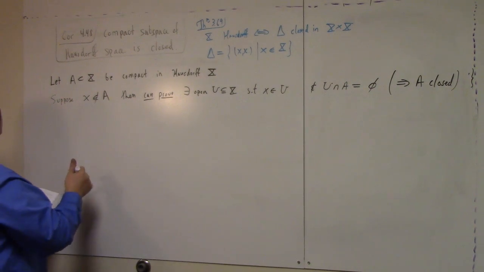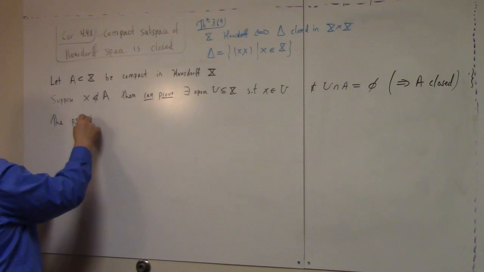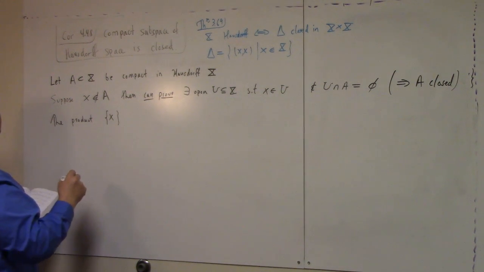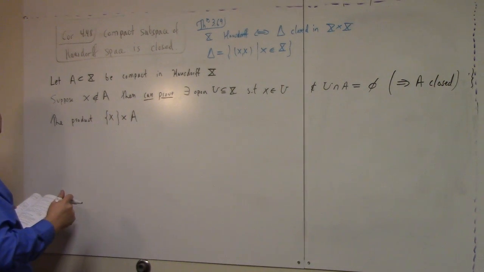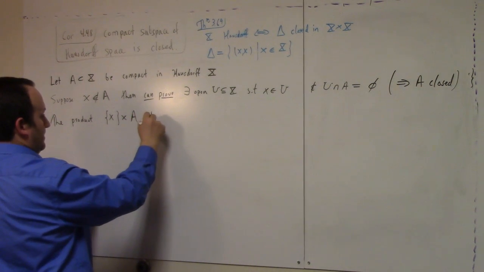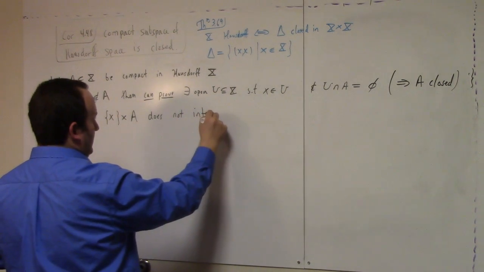Here's the argument. He says the product, the singleton {x} Cartesian product with A, does not intersect the diagonal. You guys tell me why this is.